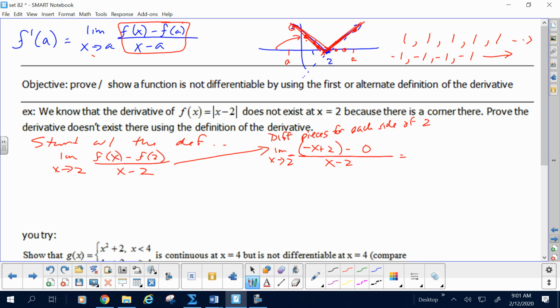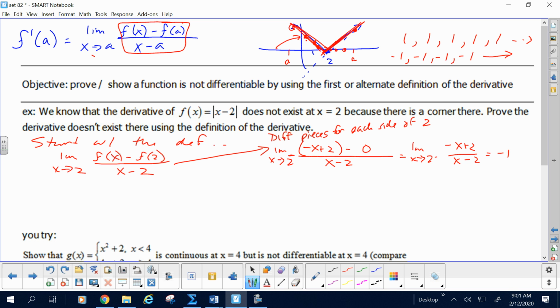Okay. As x goes to 2 from below, this is the limit of negative x plus 2 over x minus 2. What does that limit approach? Obviously it's 0 over 0, but with a little factoring and canceling, it can be negative 1.